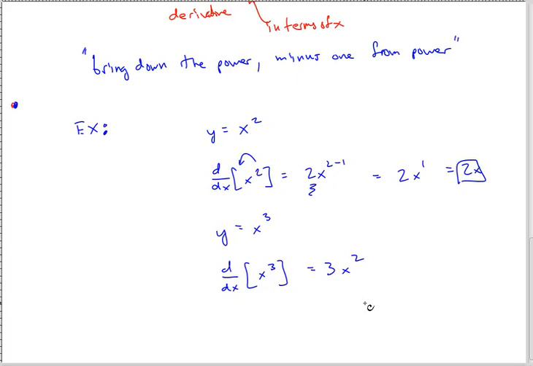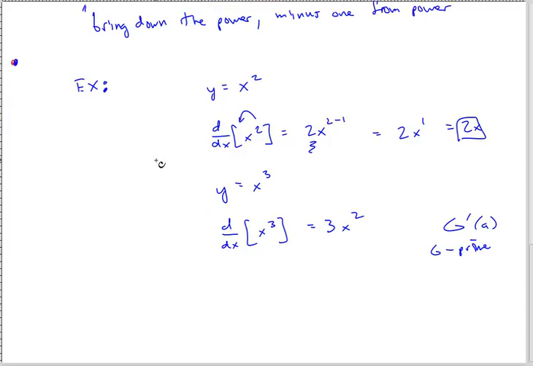Cool. So let me tell you a little bit more about notation as we go forward. We had seen in the previous sections g prime of a, g prime. That's a hint towards a new style. Let's start with this y equals x squared.